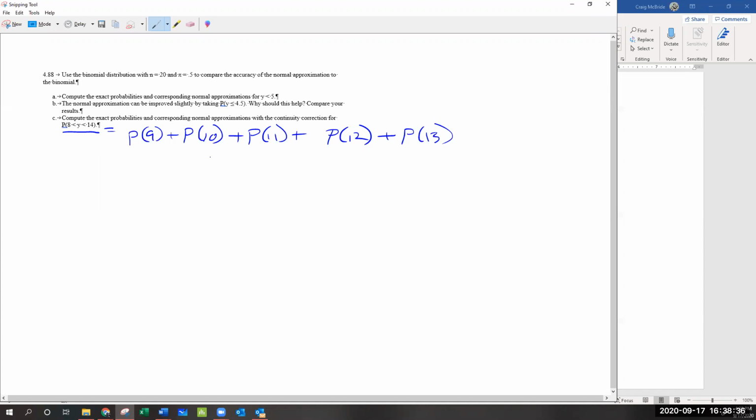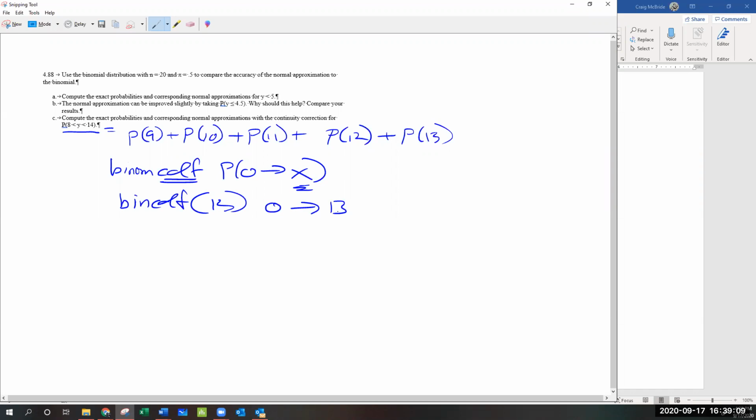But we can do the binomial CDF function either in SAS or in Excel. And if you do the CDF function, that always gives you the probability of 0 through X, and you just choose an X. So in this case, you would do the binomial CDF of 13, and that would give you 0 through 13.